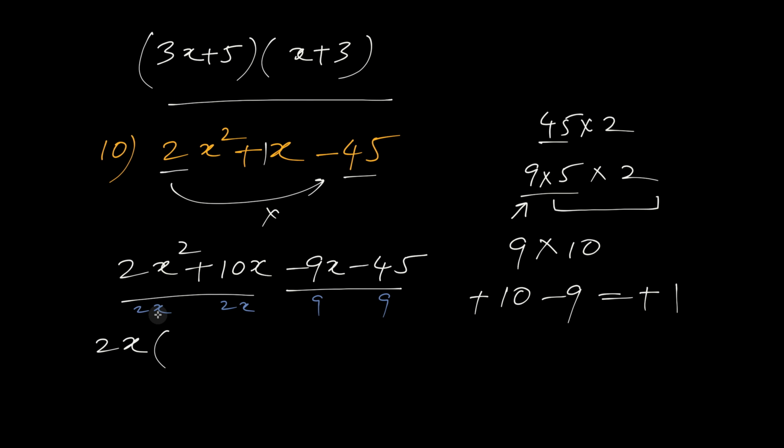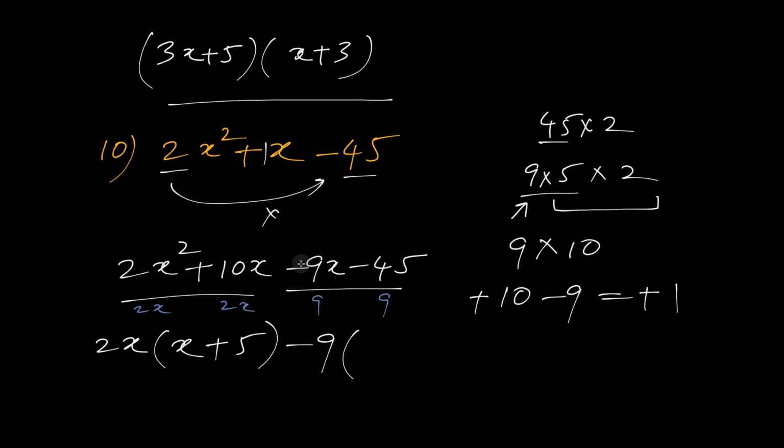Now in this one, 2x is gone, just 1x is remaining, and 10 divided by 2 is 5, x is gone. Now can you see here we required a plus sign both on the x variable as well as on the 5. So what I'm going to do is I'm going to take minus 9 common, so that I should get the same format what I'm getting in the first bracket.